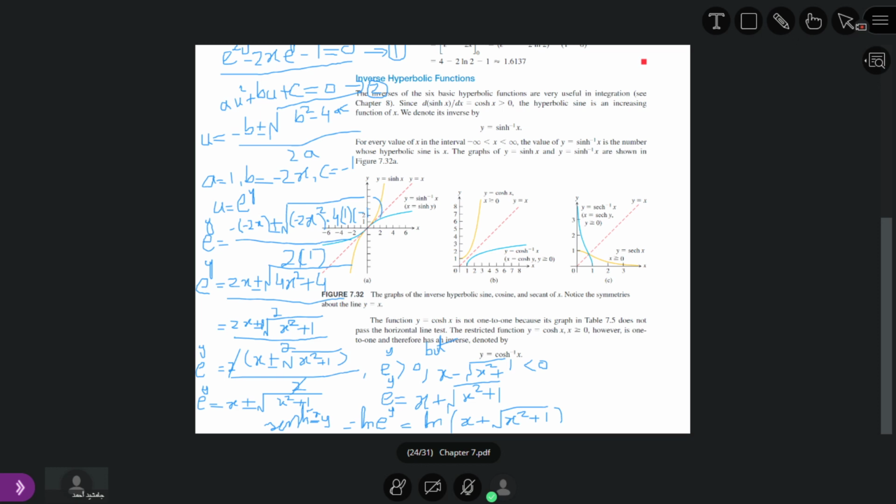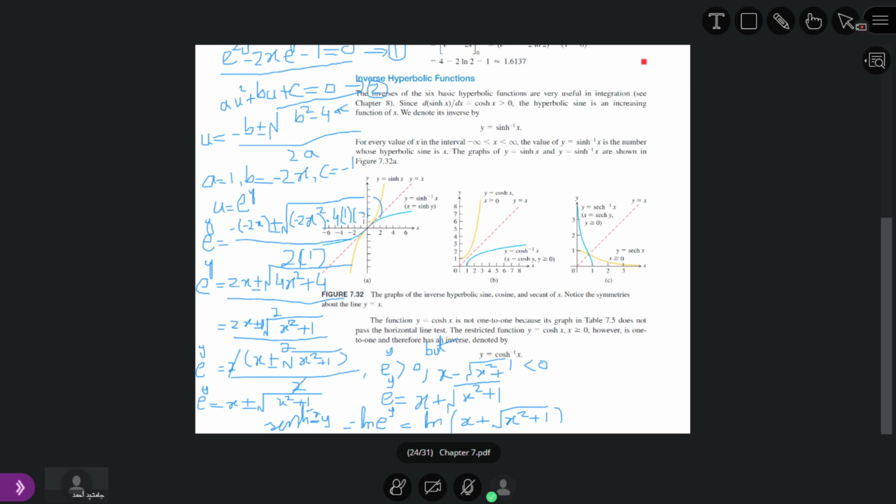As square root of 5 is greater than 2, it can be negative. So e power y is always positive, but on the right side we have two options, one positive and one negative. Whenever we take the negative, we get a negative value. This concludes that e power y equal to x minus square root of x square plus 1 is not possible.